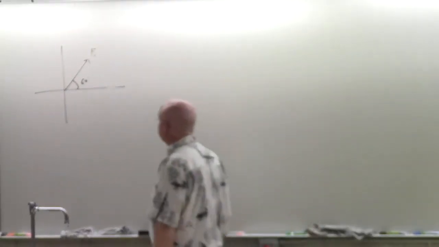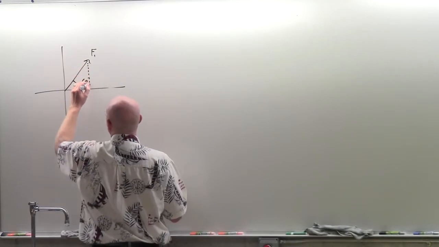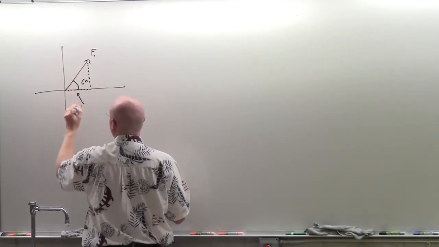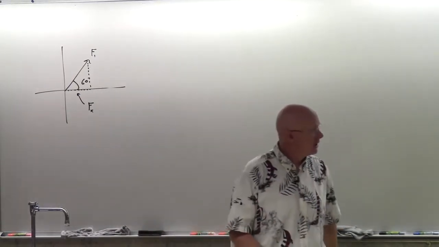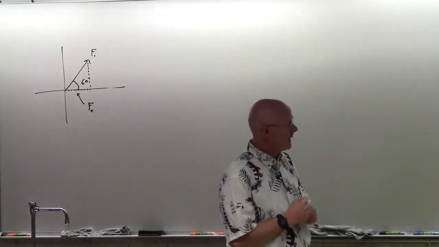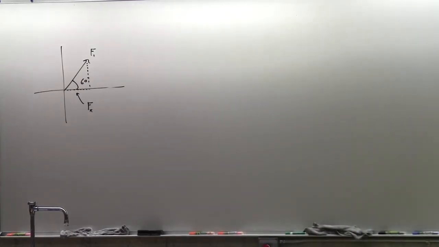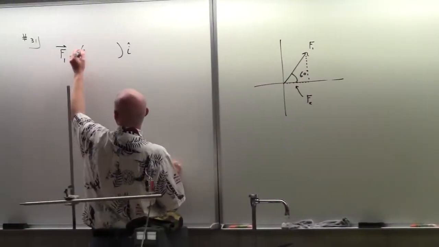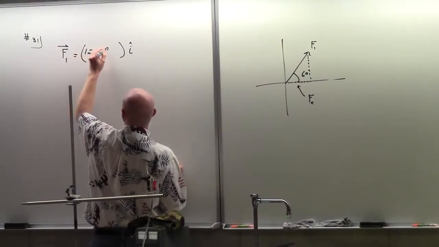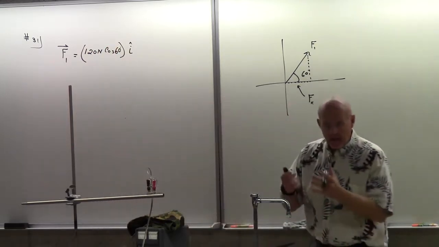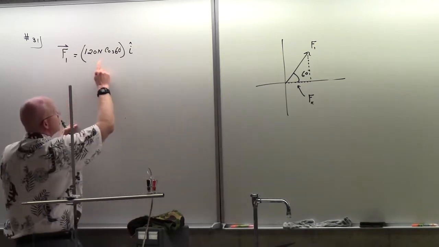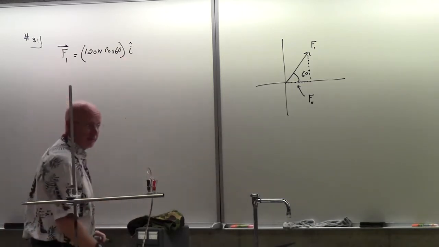Well, making a little triangle, that I would say is how much force is in the x direction. And it would then be adjacent to the 60 degrees. So I would write this as the magnitude times the cosine of the angle.